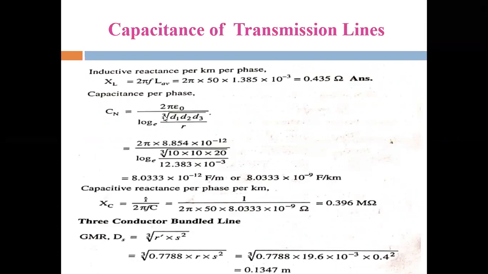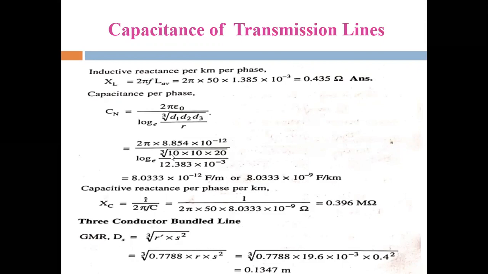That is equal to 2 pi into epsilon naught, the fixed value 8.854 into 10 power minus 12, by log e cube root of D1 D2 D3.